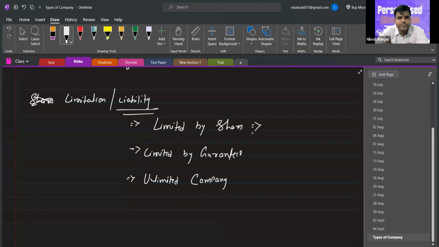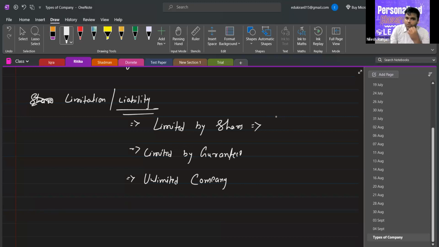But in this case, it is limited by shares, means you don't have to pay the unlimited amount. There is a certain amount fixed. So let's say I told you that the company capital is divided into small parts, which is called shares.